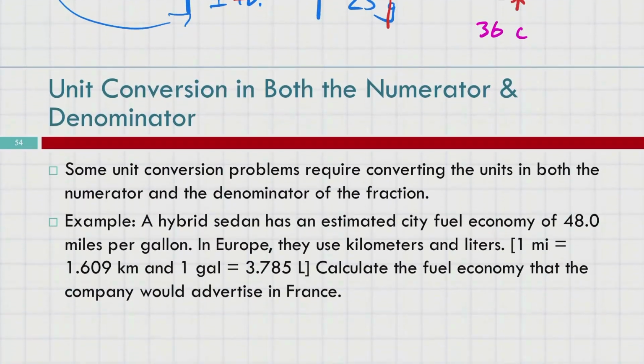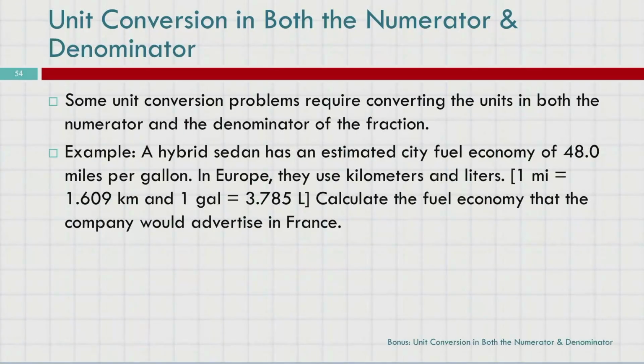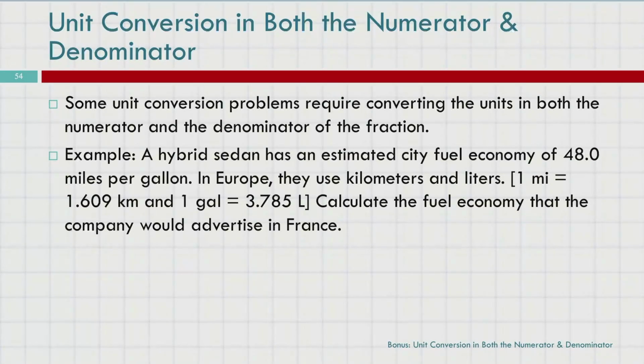Okay. We've also got some instances where we'll have unit conversions in both the numerator and the denominator. So for those of you that are a little rusty on your math, the numerator is on top, the denominator is the number on the bottom. So sometimes we'll have 2 units, and we'll have to convert both of them.